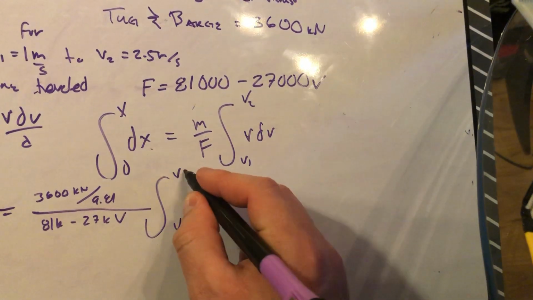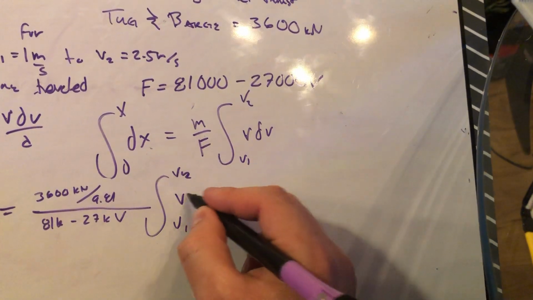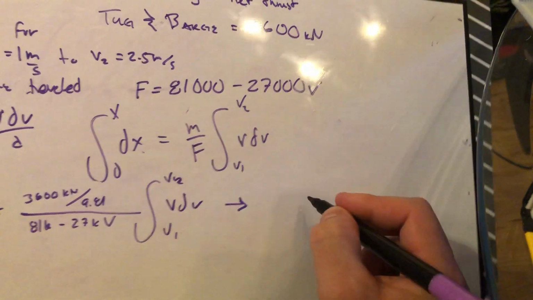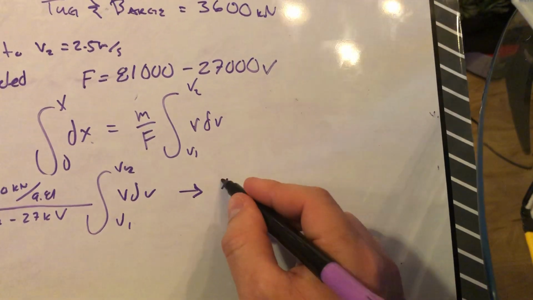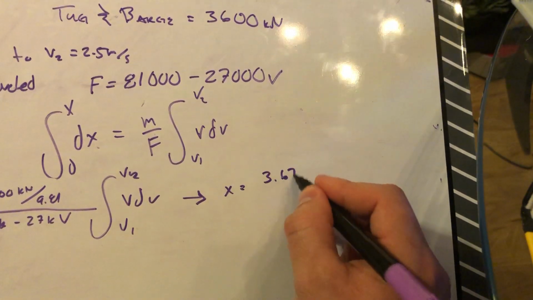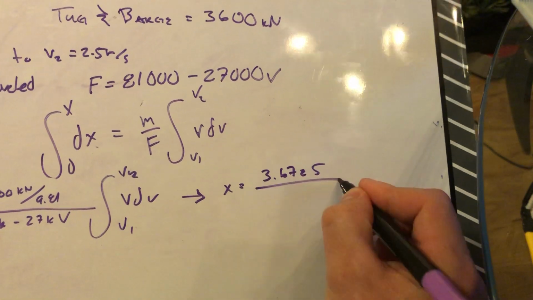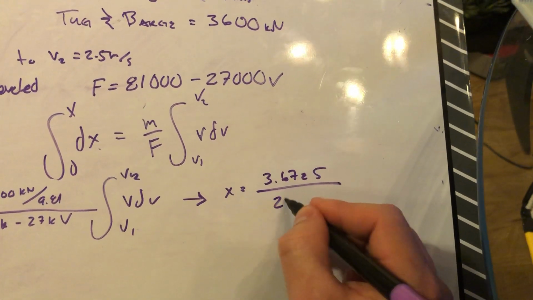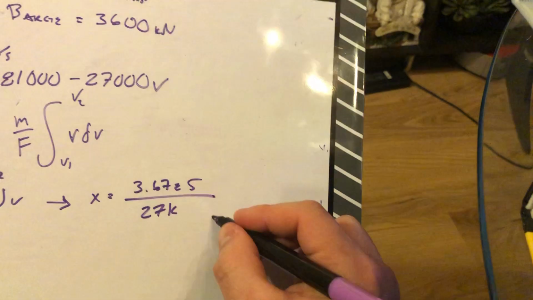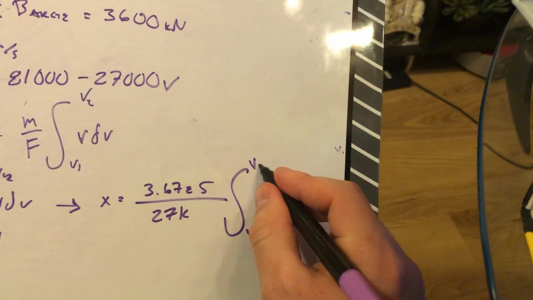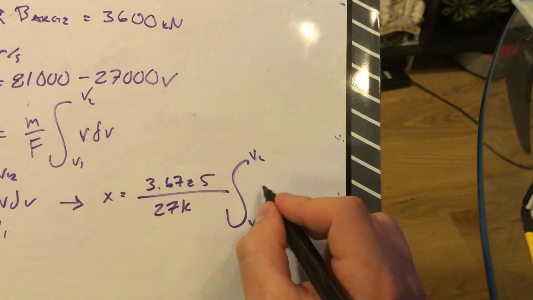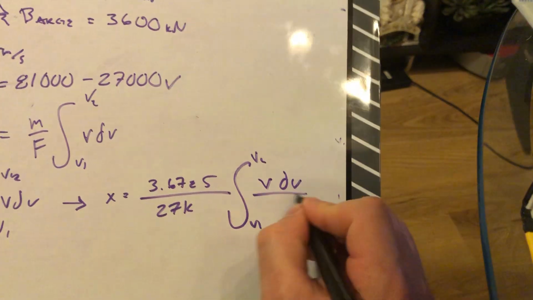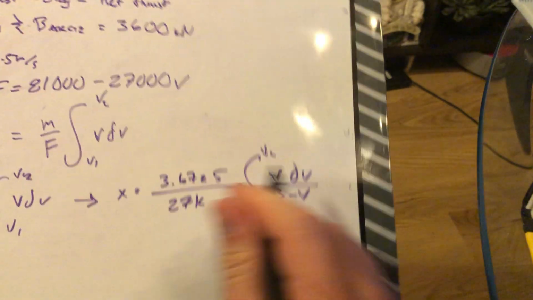Integral v1 to v2, v dv, and what that is going to give us is x equal to 3.67 e5 over 27k, times the integral v1 to v2 of v dv over 3 minus v.